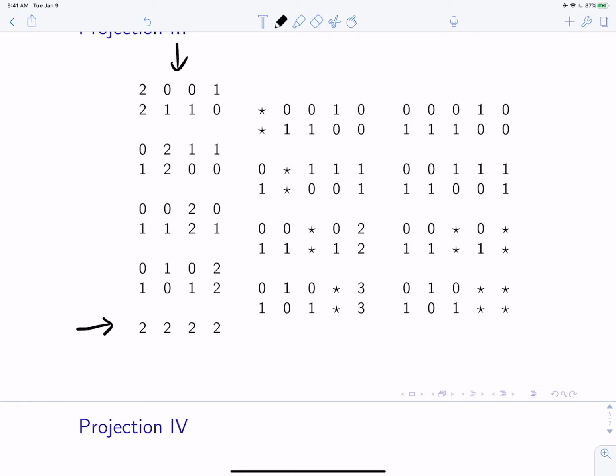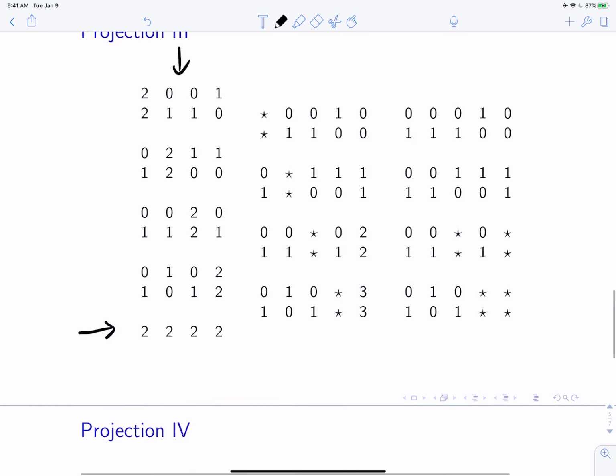What do you notice here? Every interaction that has two 2s in it is in the last row. So if you look at, say, the second column and the fourth one, you see that there are two 2s in that last row. Do you see two 2s anywhere else in the entire covering array? No, it's not anywhere else. And you can verify this because every other row has exactly one 2 in it.